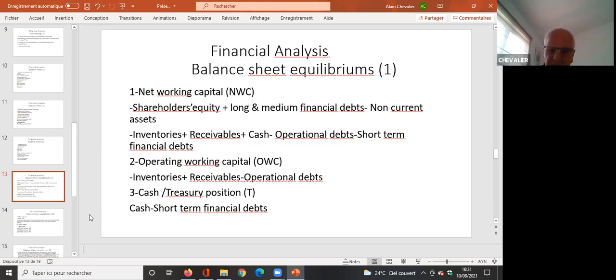And we say, okay, let's make the difference. We have a total of long-term financial resources, which is here shareholders' equity plus long and medium-term financial debts. And if we take into account now non-current assets, is there something left?